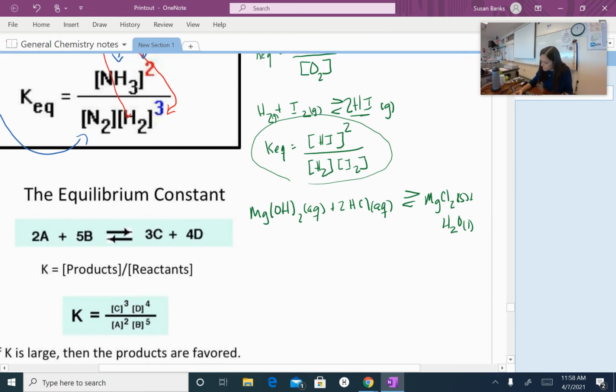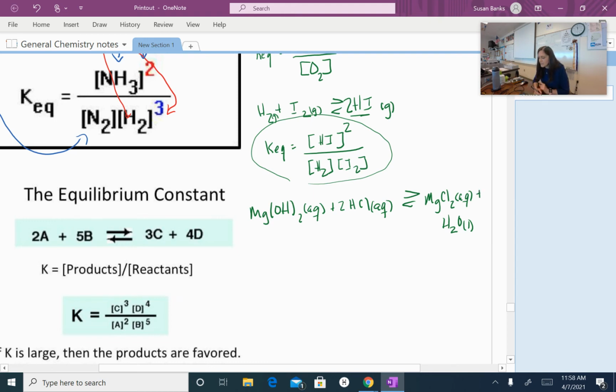Actually, I'm going to change that solid as well to the aqueous state, because that actually will dissolve. That is soluble. Okay, so we've got magnesium hydroxide in the aqueous state, 2 hydrochloric acids in the aqueous state, 1 magnesium chloride in the aqueous state, and water.